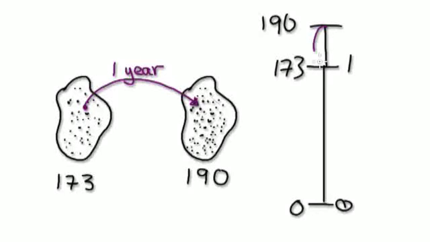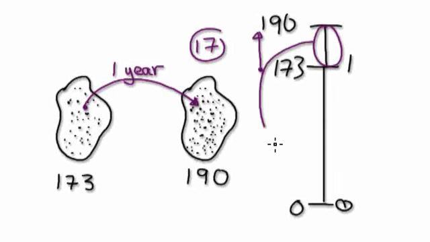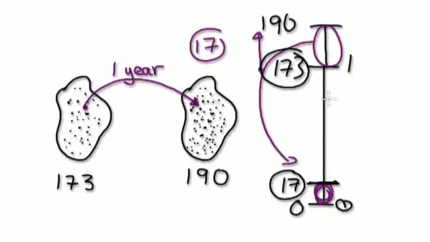So the increase here is 17. From here to here, it's an increase of 17 people. So take this 17 down here. It's going to be somewhere down here. So 17 at this level. How does that compare to the original? What is the percentage of the original? Compare that with the original.